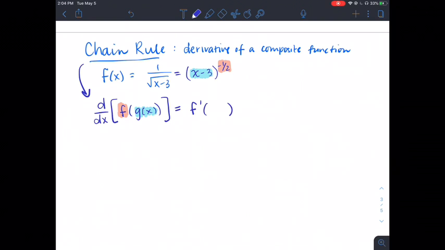If the outside is sine, you do the derivative of sine. You take the derivative of your outside function, but you leave the inside function alone, at least to start off with. But then you have to multiply that by the derivative of your inside function.